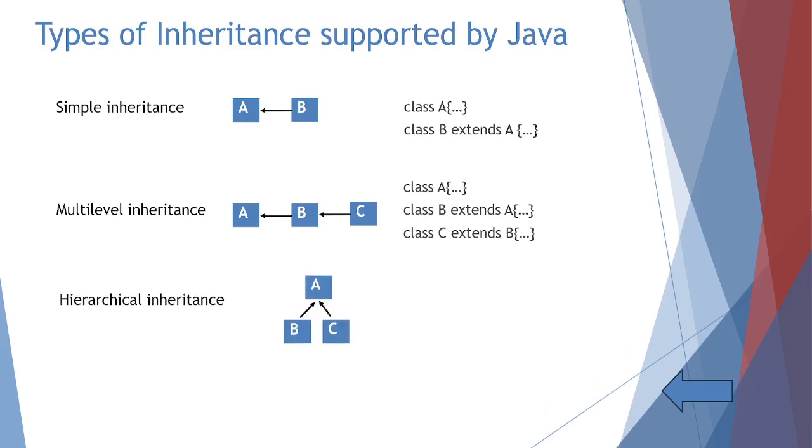Hierarchical inheritance, one superclass is there, two subclasses. Class B extends A, class C also extends A. We'll write two programs, one simple inheritance, second one hierarchical inheritance to understand the concepts. Now these three are supported by Java directly.